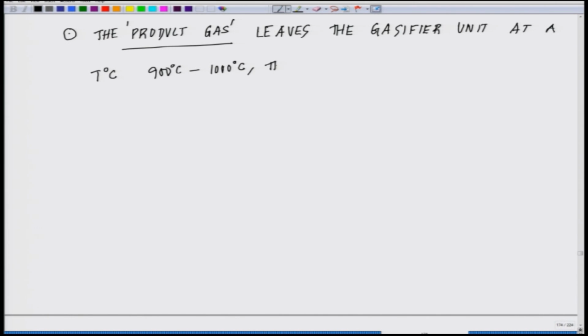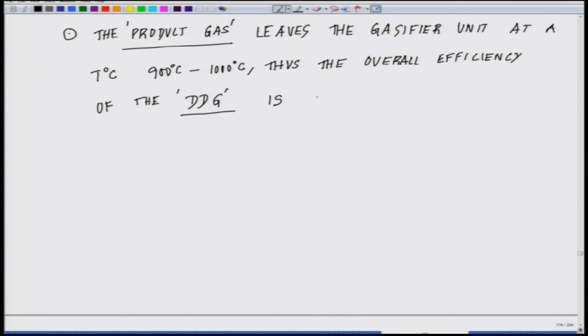Thus, as I mentioned in the previous class, the overall efficiency of the downdraft gasifier, DDG, is low as compared to updraft. So, this is the first take home message.